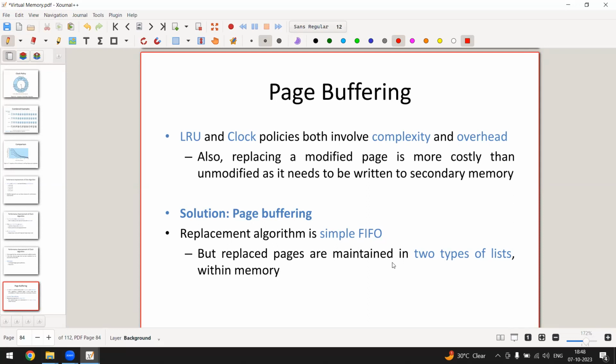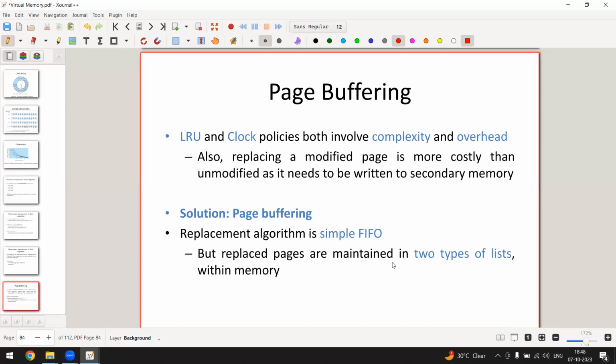When a page has already been modified by the user, it is difficult to replace it because before it is replaced, you have to make sure that you perform the disk write operation. To solve all these issues, we have a concept called page buffering.